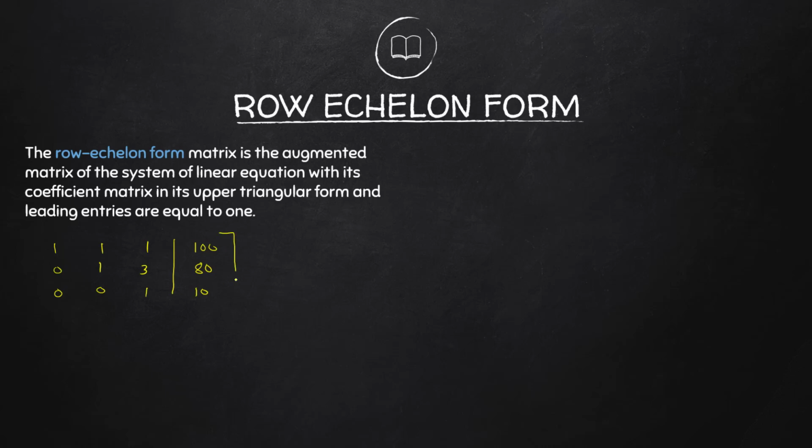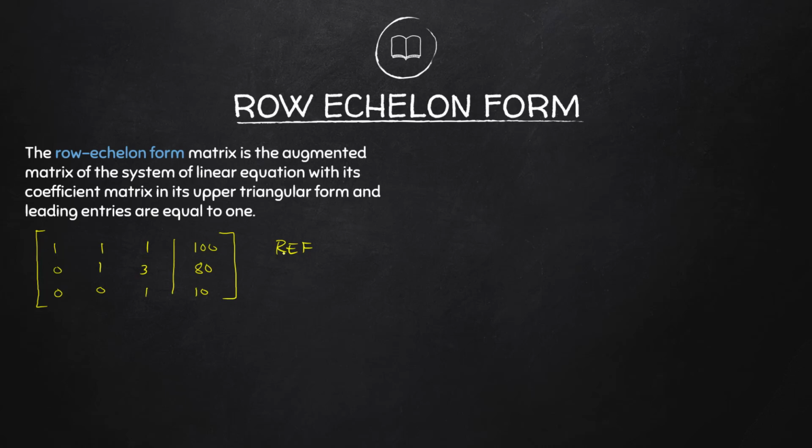So this is your REF. This is your coefficient matrix. Notice that it is in an upper triangular form. The leading entries are all equal to 1. That is in row echelon form.